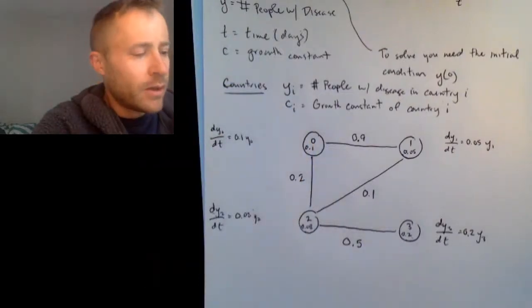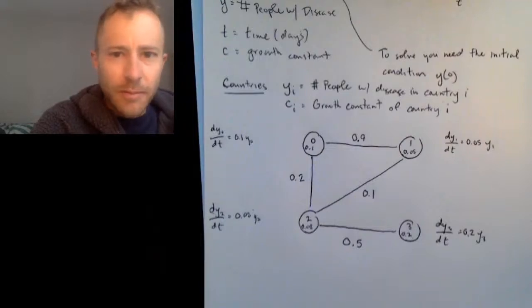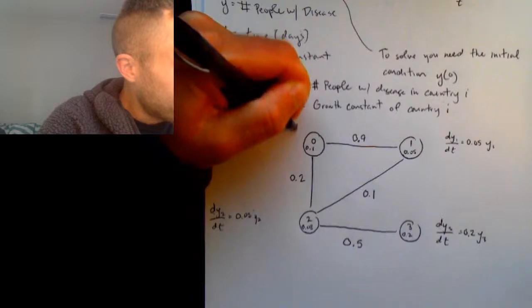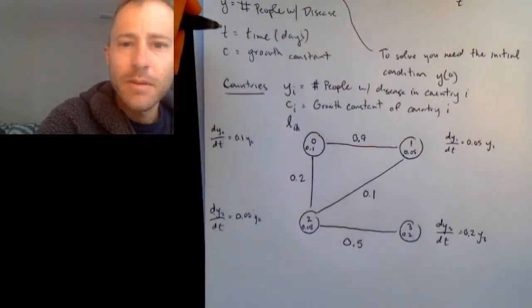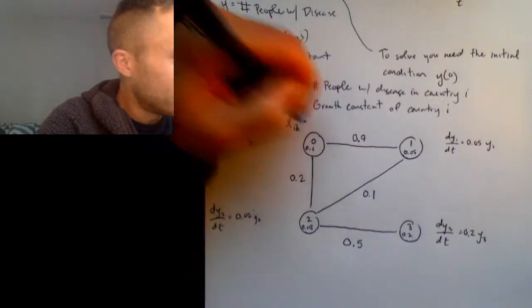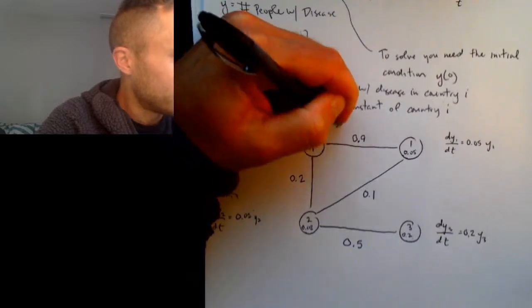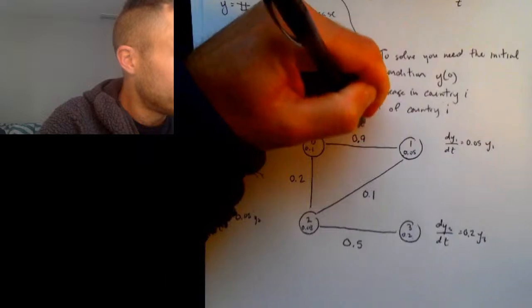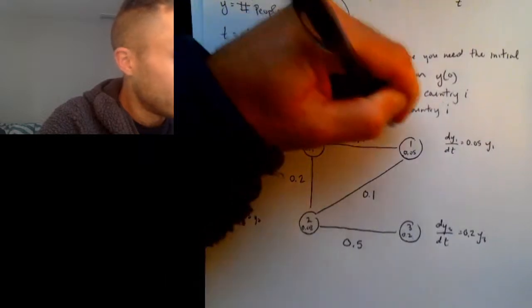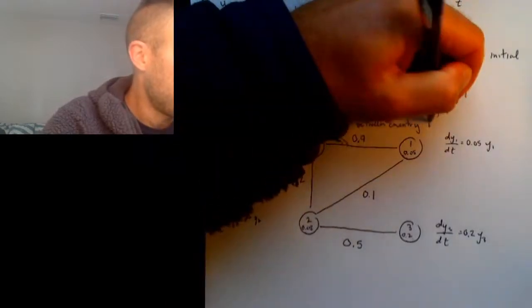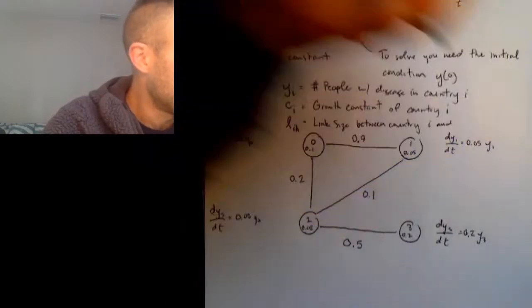All right, so we're going to let L sub ik equal the link size between country i and country k.